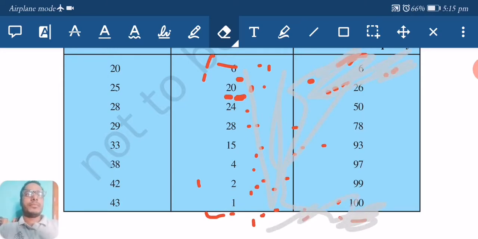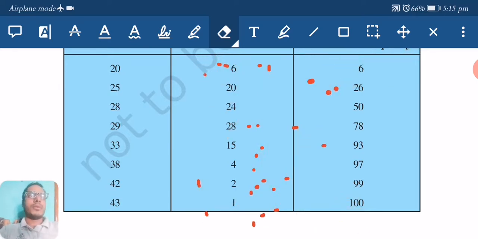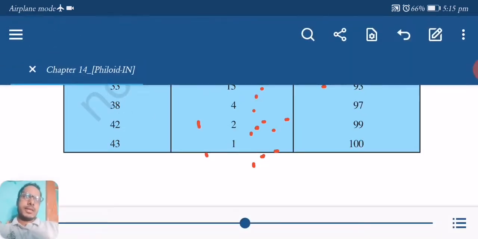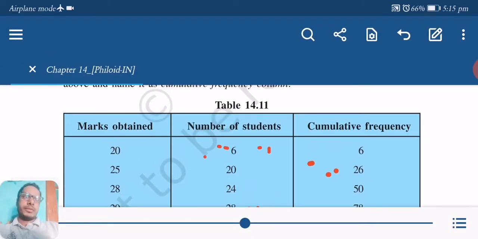Alright, now it's a little bit visible. So what is the 50th observation and 51st observation, looking at the cumulative frequency table here?